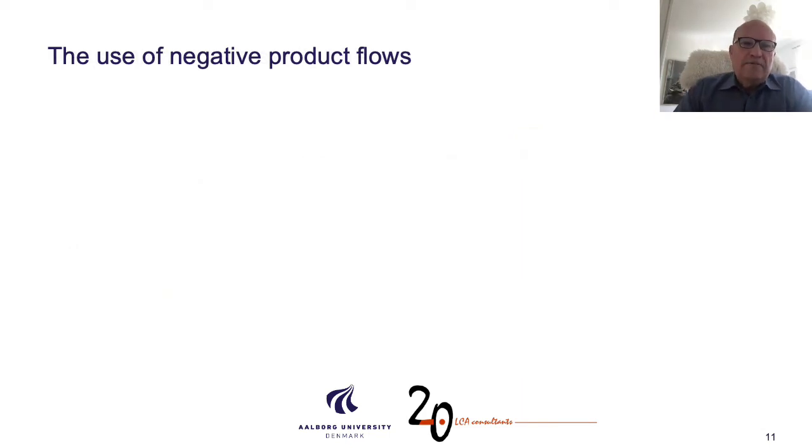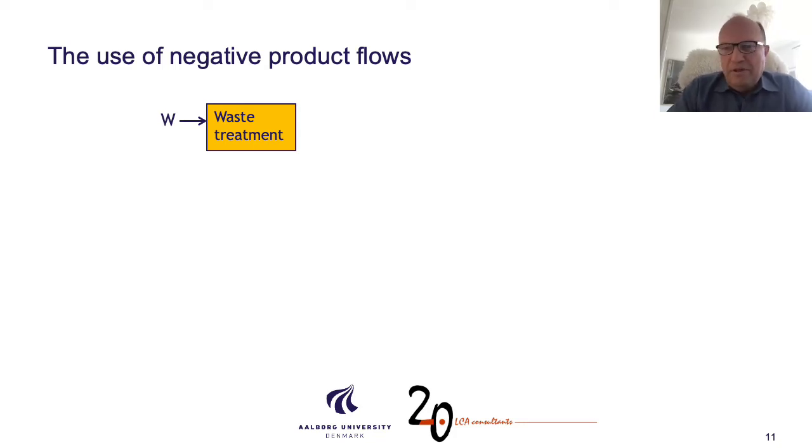The use of negative flows may sometimes give cause for concern. What do we really mean by a negative flow? Well, typically what we mean is just a reduction compared to the baseline. We have a reduction, which of course we signal with a negative sign. In the case of waste treatment, waste is typically an input to the activity. Physically, it's an input.